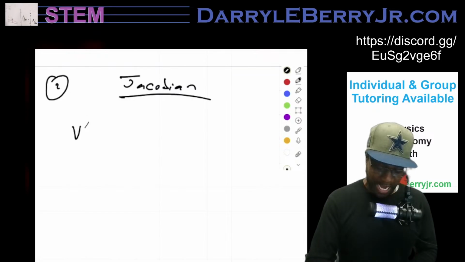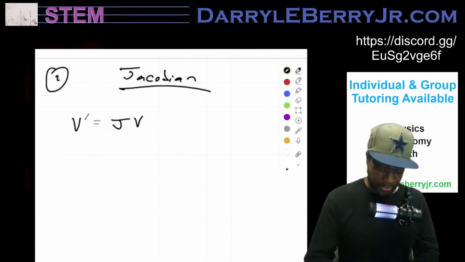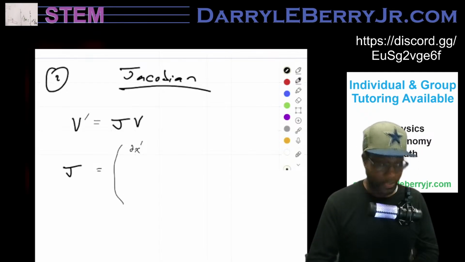So we can say v prime, the vector prime, is going to equal the Jacobian times the old vector. So basically, I'm going to get the vector in new terms. Now, the Jacobian, if I was to put it abstractly, looks like this. Basically, we have a change in the prime frame relative to the change in the original frame.